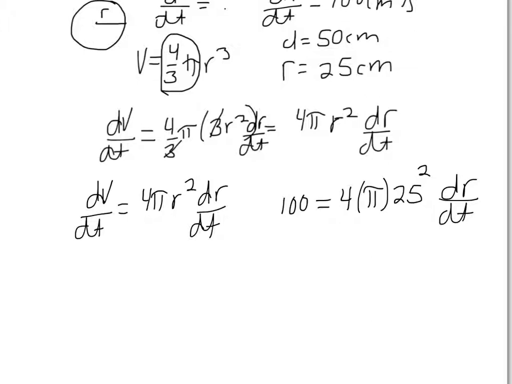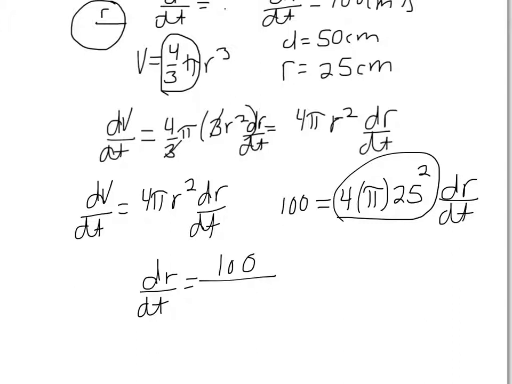So basically at this point, to solve for dr/dt, I'm going to divide 100 by all of this, the coefficient there of dr/dt. So I'm going to divide it by 4, by pi, and by 25 squared. Well, I know that 100 over 4 can reduce to 25 over 1, and then that 25 would reduce with one of those there.